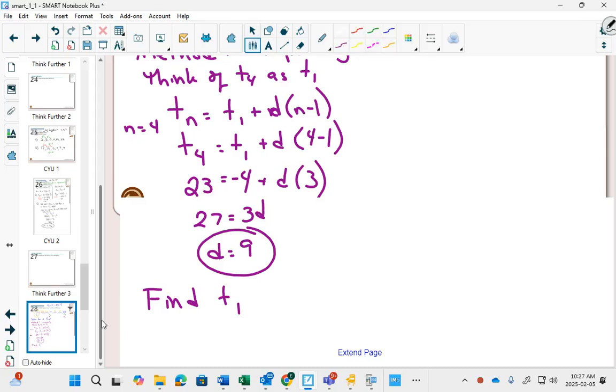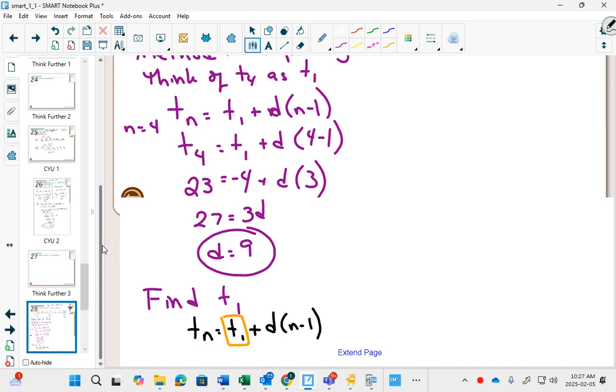Now that we found D, we could go back to our formula, Tn equals T1 plus D times n minus 1, and we want to find T1. Now we're using the actual sequence.